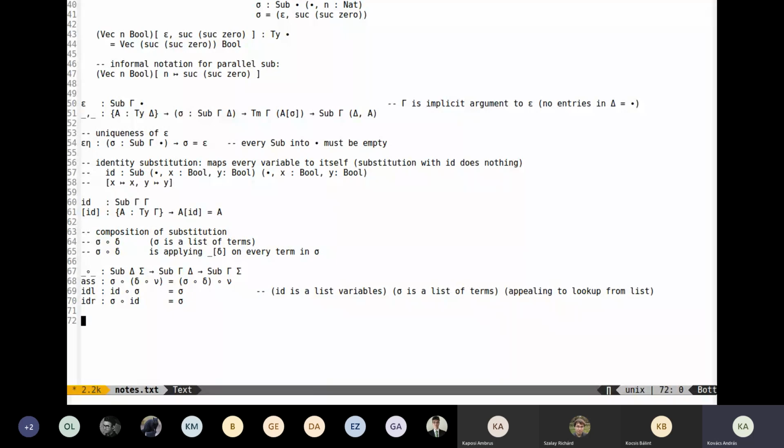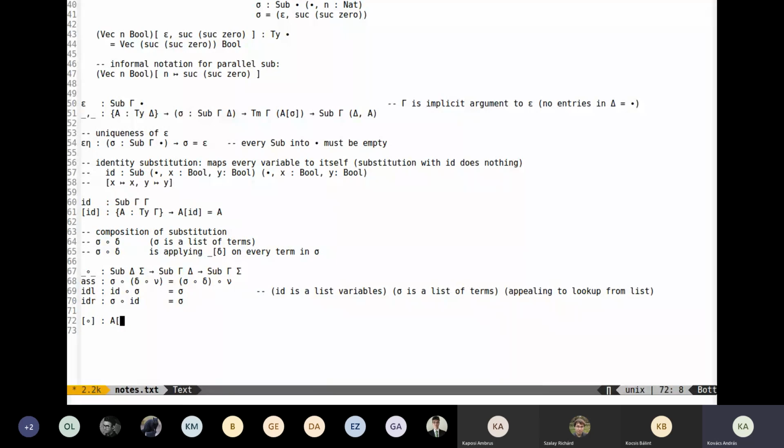Okay, and we also want to say something about the interaction of type substitution and composition and identity. So we want to have a rule which says, okay, we already have this rule which tells us about the action of identity substitution on a type. And we also have a rule about the action of composite substitution on a type.